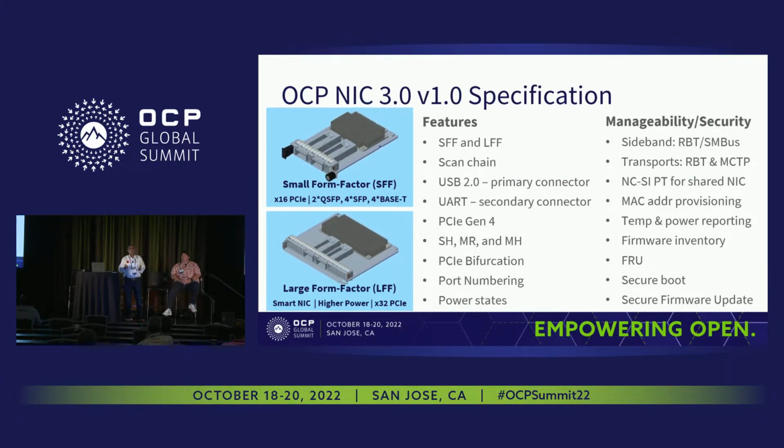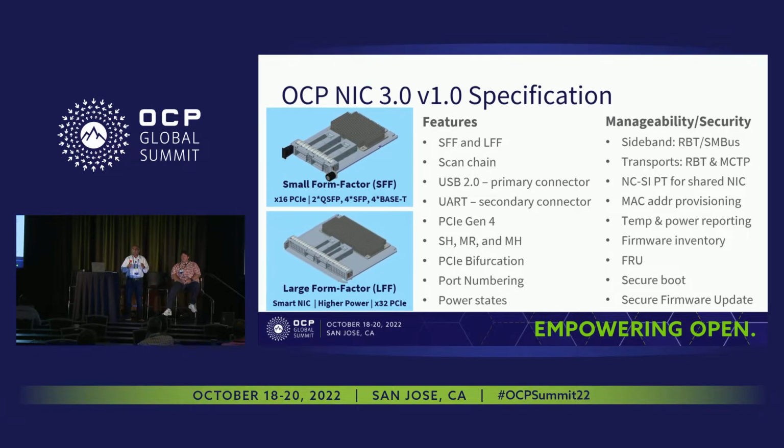If you look at the spec, we spent a tremendous amount of time really defining that, and the protocol between the baseboard and NIC to also allow dynamic detection of PCIe bifurcation. This will help all the single root, multi-root, and multi-host scenarios, and that has been the case. There are implementations of OCP NIC 3.0 that support all these different configurations. So a lot of attention was paid to that.